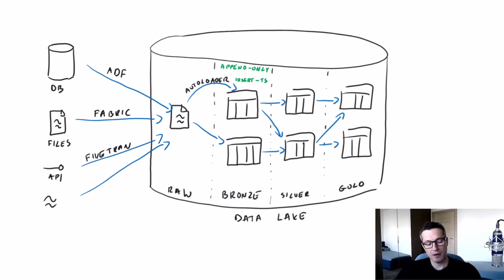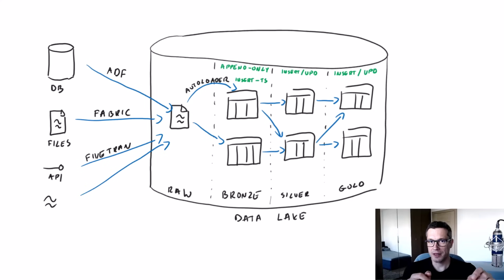Then the situation changes when we move to silver and gold layers, because here we no longer only insert data, we insert and update. So we've got insert and update, and the same in the gold layer, insert and update, which means that probably we would like to keep 2 types of timestamps.